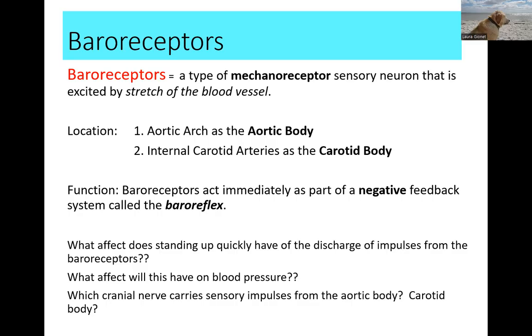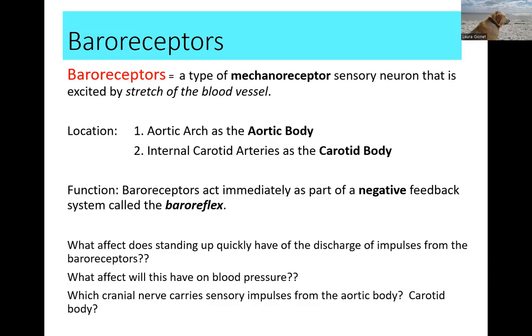So what effect will this have on blood pressure? Initially, your blood pressure drops, but as a consequence of this reflex, the blood pressure will elevate. Which cranial nerve carries sensory impulses from the aortic body? Which from the carotid body? Remember, anything below the shoulders is conveyed on the vagus nerve.